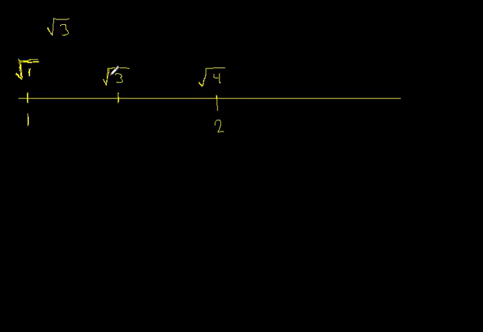Since I know that 1 and 2 are whole numbers, I know that the square root of 3 is actually going to have a decimal. Well, since the square root of 3 is a number that is not a perfect square, it's got to be 1 point something something something. And I don't really know what it is without a calculator.